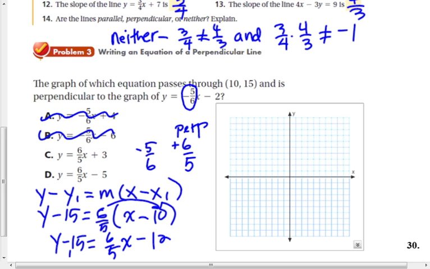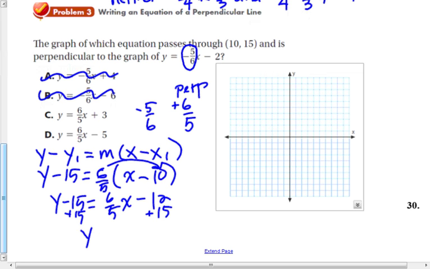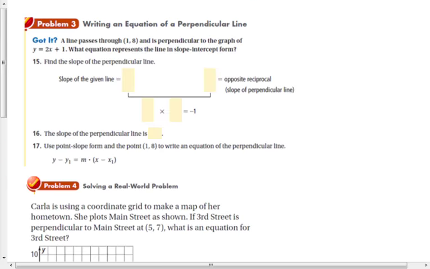And then I'm just going to add 15 to both sides. And -12 plus 15 is 3. So y equals 6/5 x plus 3. And that's my answer. Okay? And you could check that by graphing, but we don't need to do that. All right, you try that.